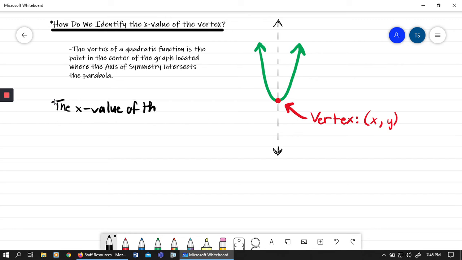So the x value of the vertex is going to be negative b divided by 2a.